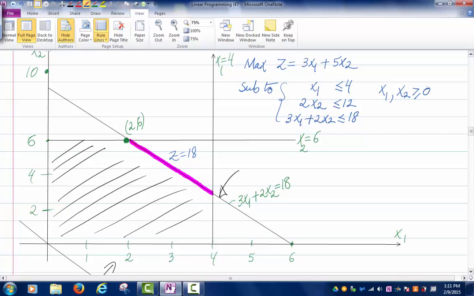This was the problem, and we sketched the feasible region for this problem.